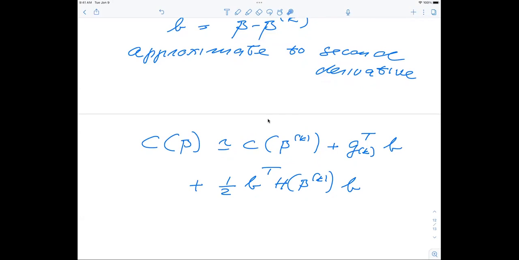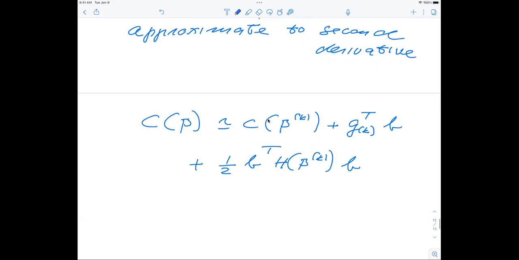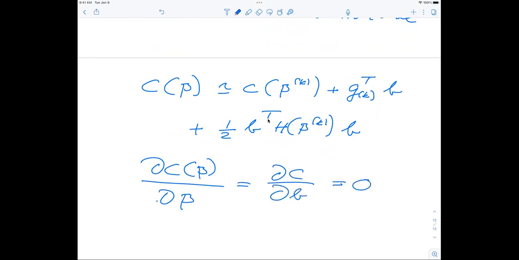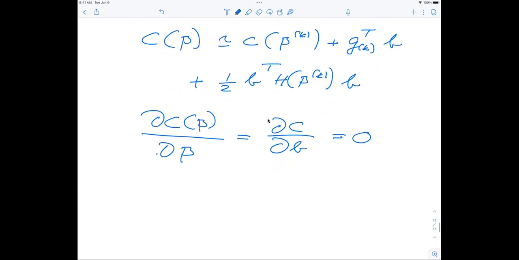So what we're going to do now is to take the derivative of dC of beta with respect to beta, which is the same as taking the derivative with respect to b, and we want that one to be 0. And then what we see is that we get the following.